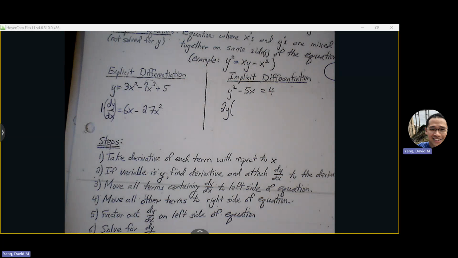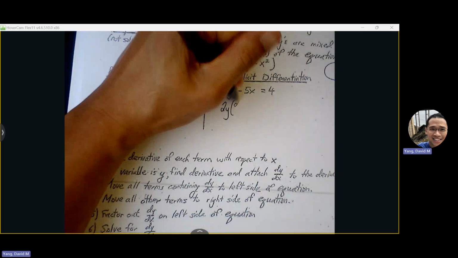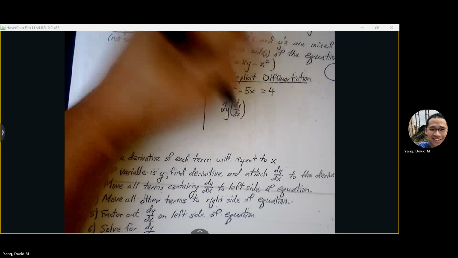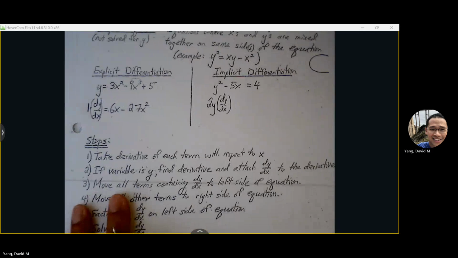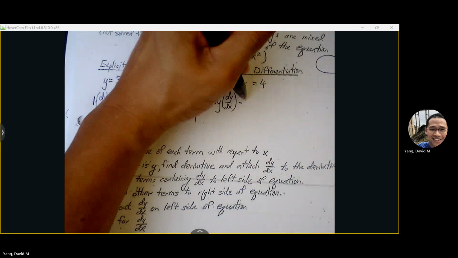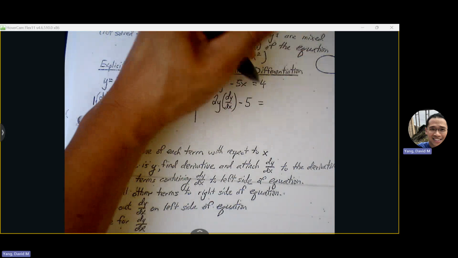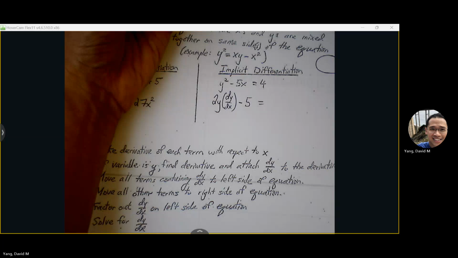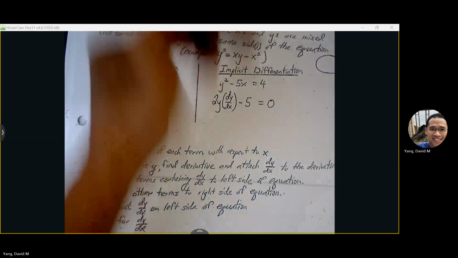What do we just see? dy dx. And then 5x becomes minus 5, and then equals, and the 4 goes to what? 0.